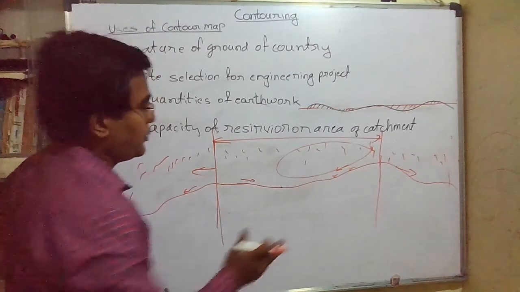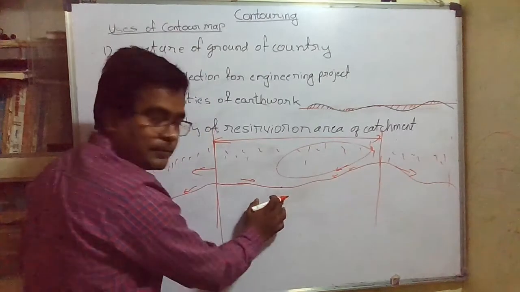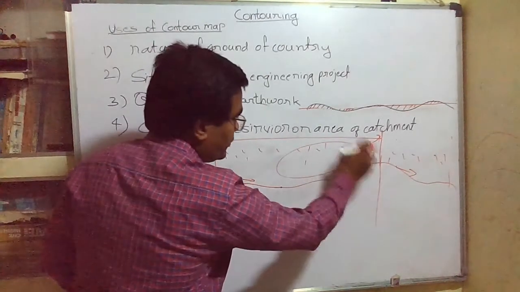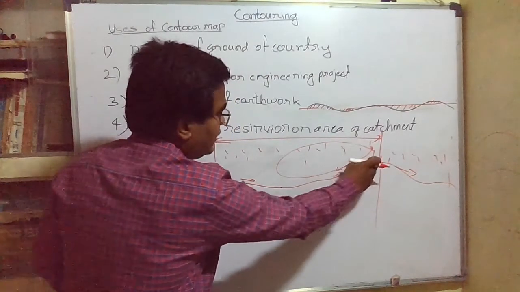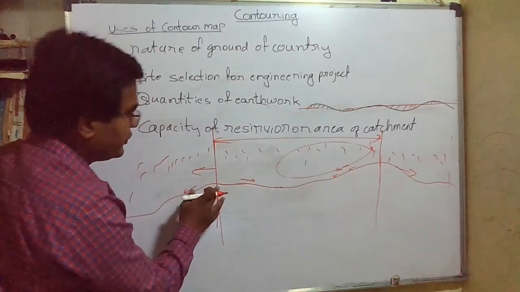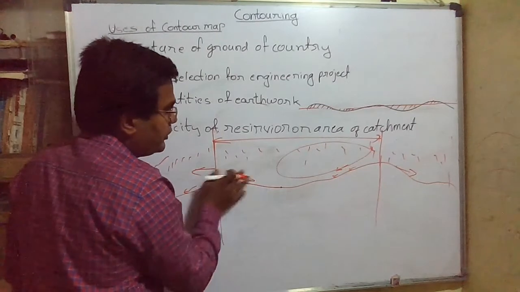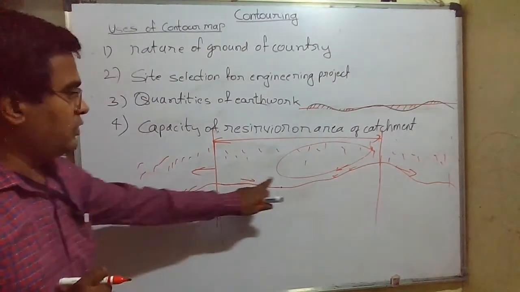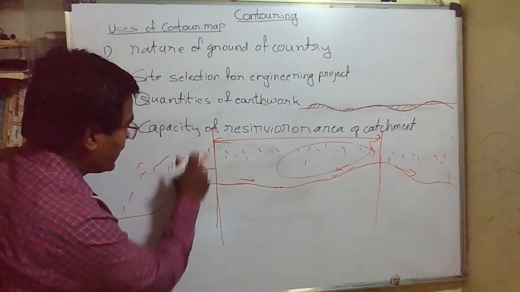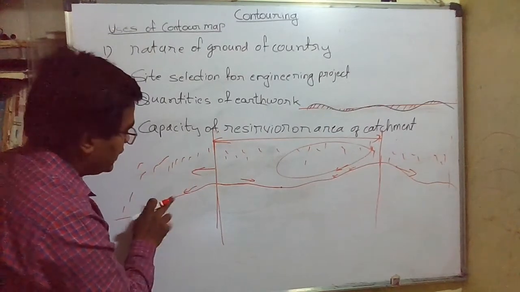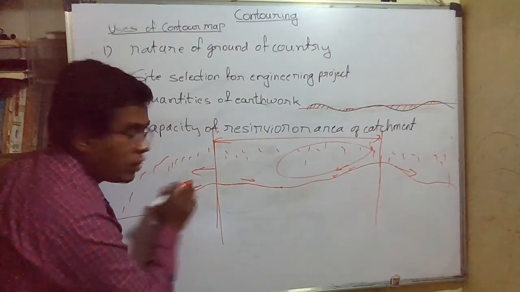Suppose you can see this is a sloping surface. If it rains, this water will definitely come here. Here also there is a gentle slope, and if it rains this water will go through this portion. But if it rains here, this surface water will not flow against gravity.